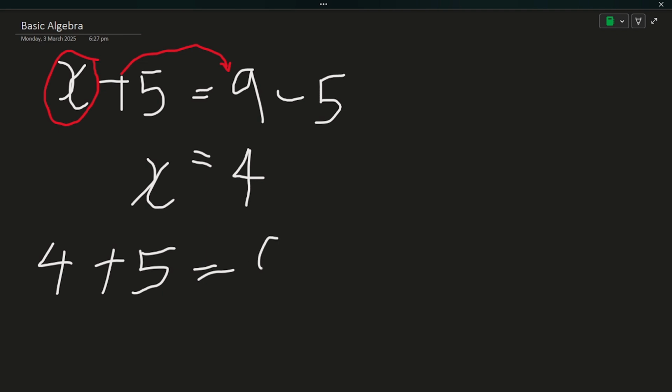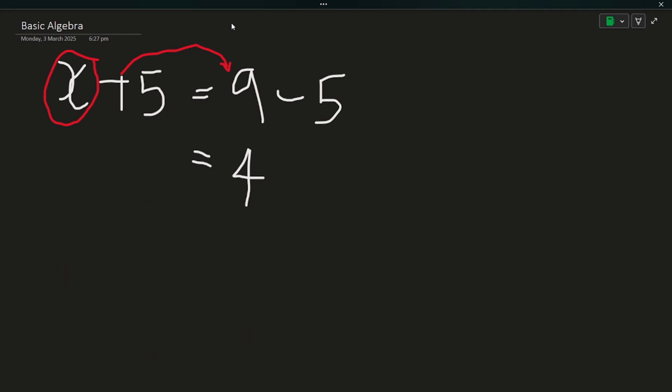So using that, we say x is equal to 4 still, and that's the answer.